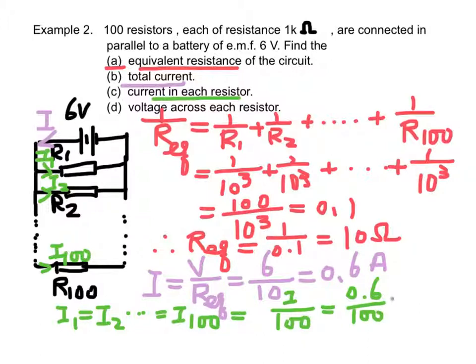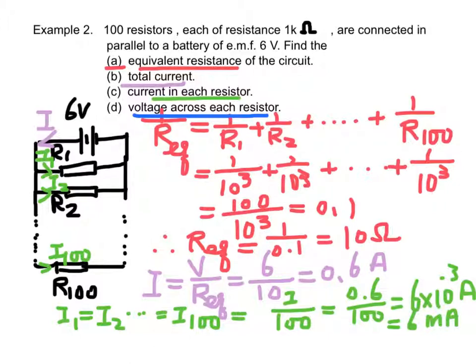That is equal to 6 times 10 to the power negative 3 A, or equal to 6 milliamps. For part D, the voltage across each resistor: since the resistors are connected in parallel, they have the same voltage, which is equal to 6 volts.